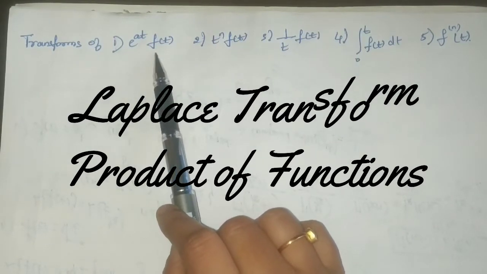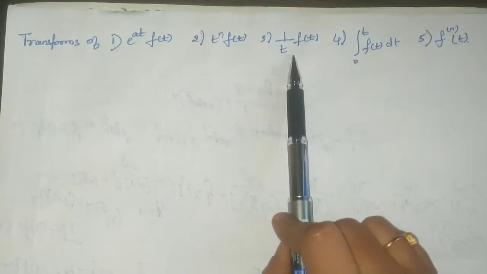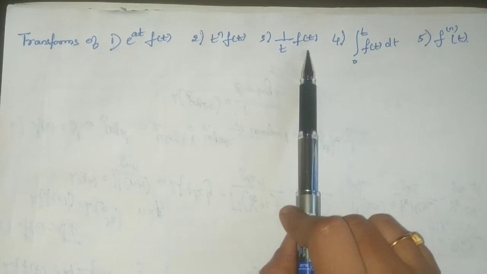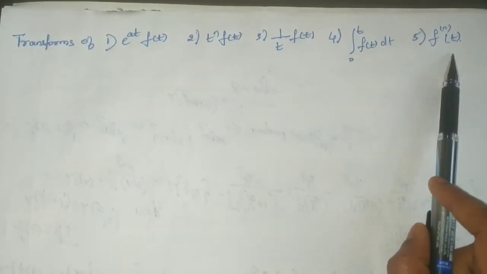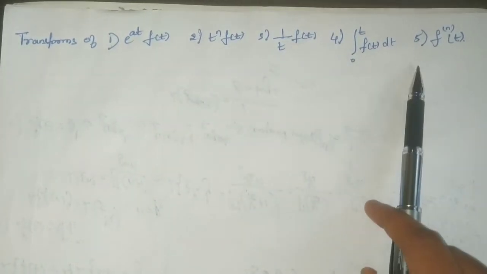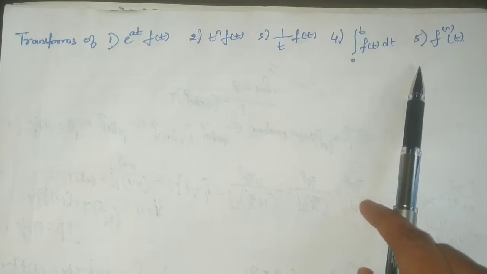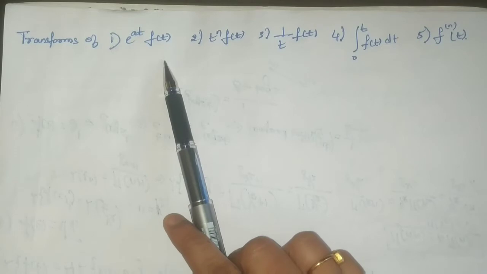Along exponential you have function, along polynomial you have function, along reciprocal of the function, integral of the function and derivative of the function. So whenever you have these type of functions, we have another set of formulas to be considered while solving problems.